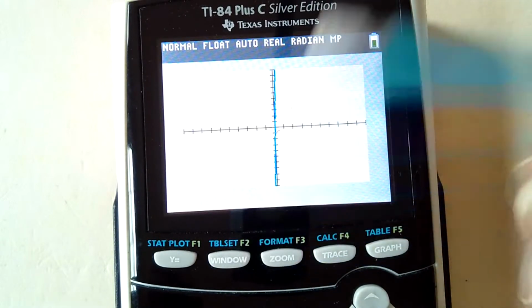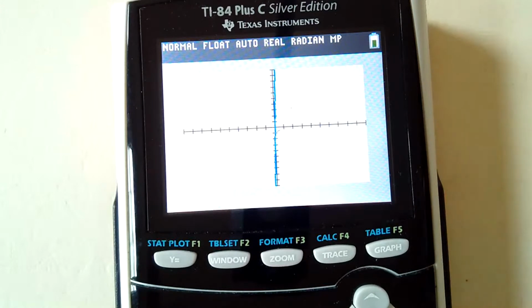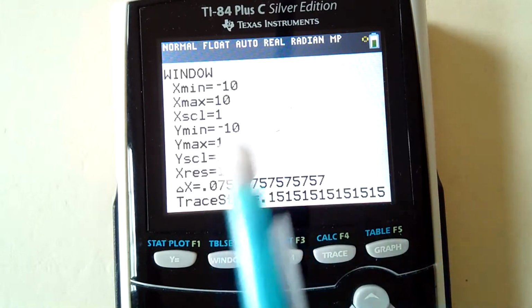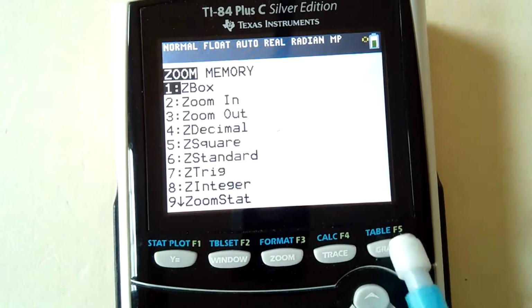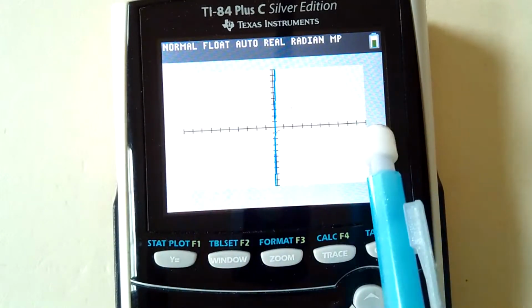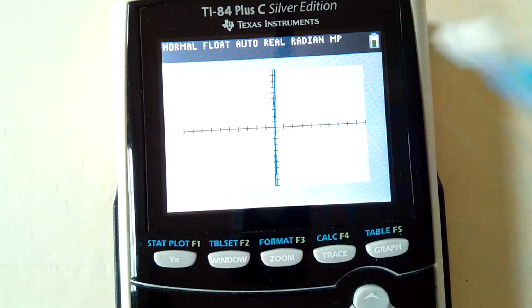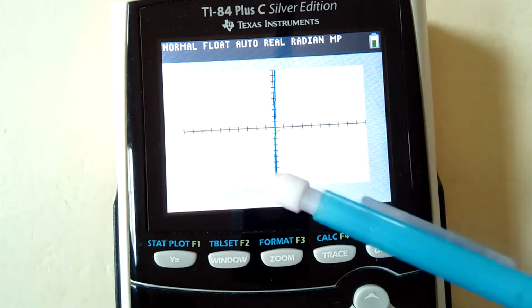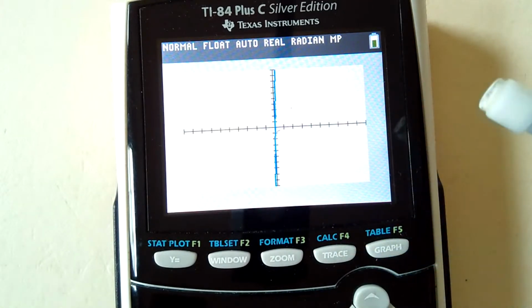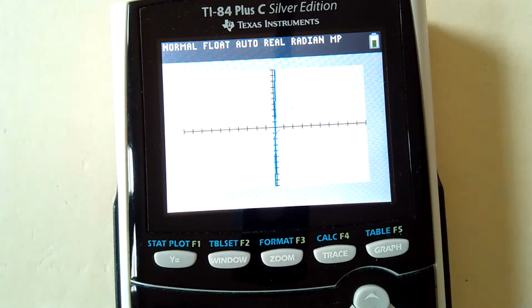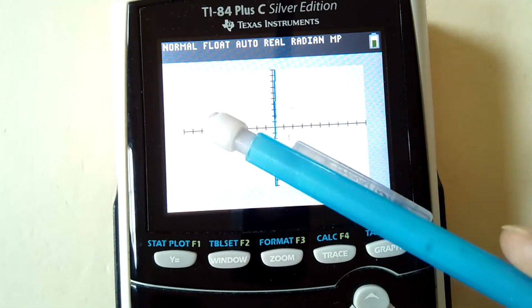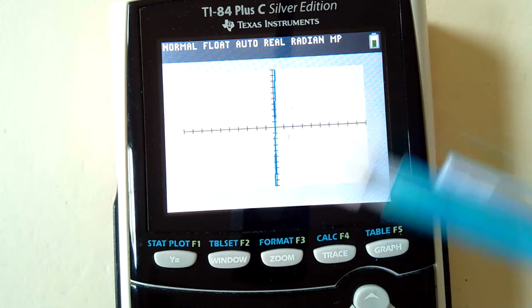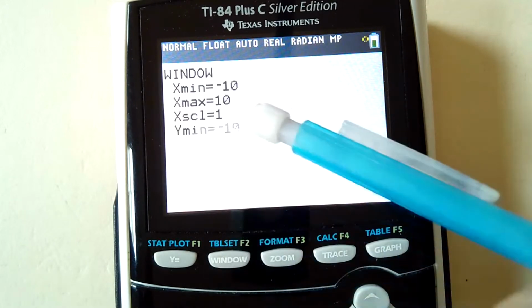So change your window. Notice my window setting here is from -10 to 10. So if I go back here, -10 to +10, -10 to +10. I don't need these negatives because we're only dealing in quadrant 1. So I don't need 2, 3, and 4 quadrants. So I'll go to my window, and I'll adjust my window.